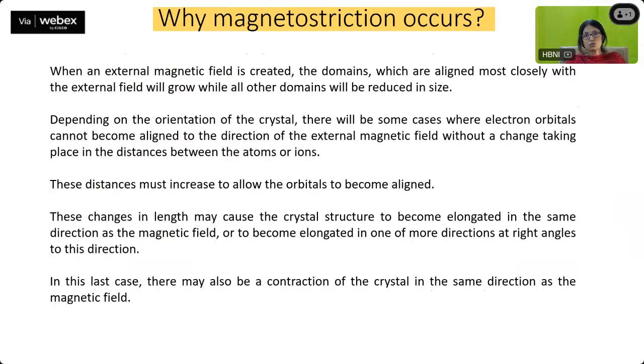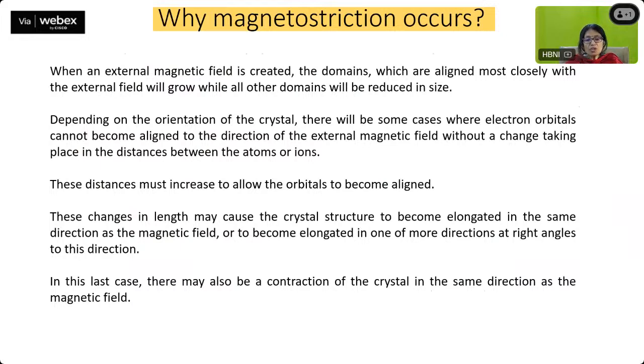So why does magnetostriction occur? Why do we see this change in length or change in strain? You have to understand that when an external magnetic field is applied, the domains which are aligned most closely with the external field will grow, while all the other domains will be reduced in size.